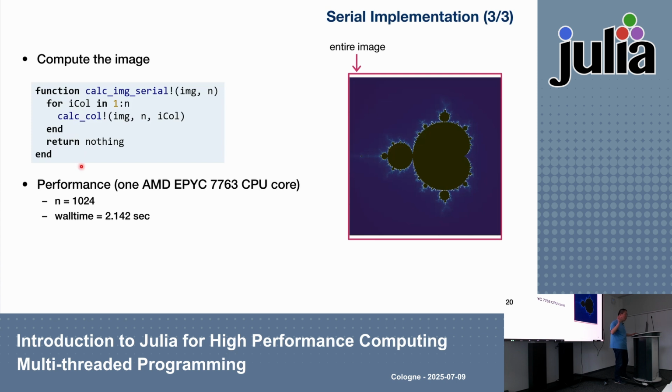You can just copy and paste this code and let it run on your laptop or Noctua 2. For Noctua 2, if this is a 1K times 1K image, you will have a runtime of, let's say, 2.1 seconds. This is the single-threaded implementation.